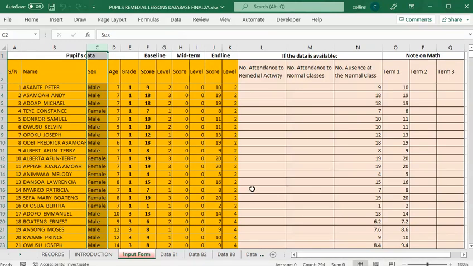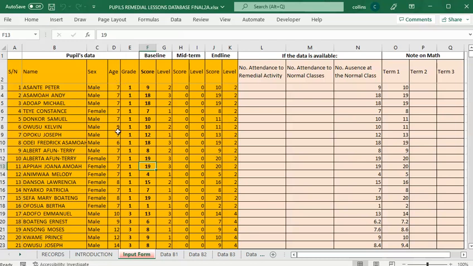All right. So you'll be having an Excel template like this, right? The template is a workbook and has worksheets in it. The first worksheet will be for input. This gives you the opportunity to enter the serial number, the names, the sex or gender of each of the pupils from basic 1 up to basic 6.